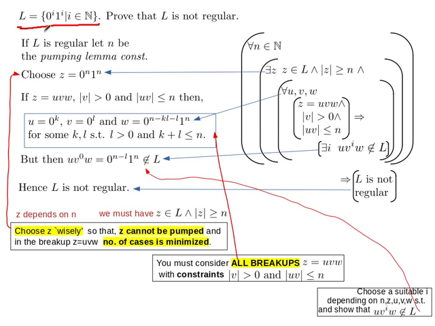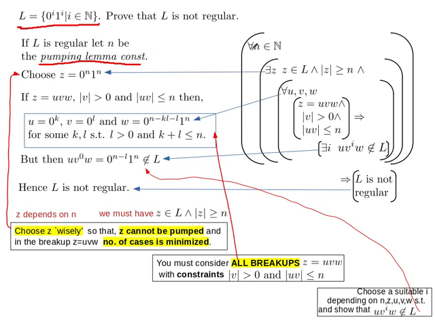So we say that if L is regular, then let N be the pumping lemma constant. We generally use this terminology for N when we are proving, because if this language is regular, then there should be some N for which the pumping lemma holds. So that N we can call the pumping lemma constant.